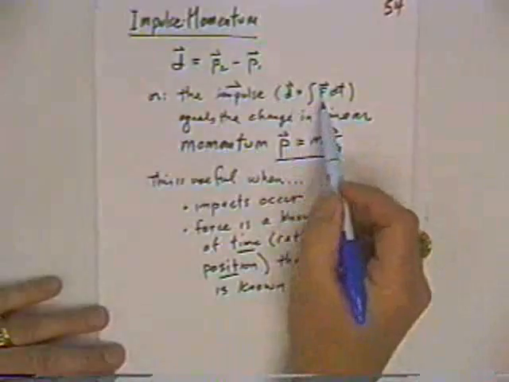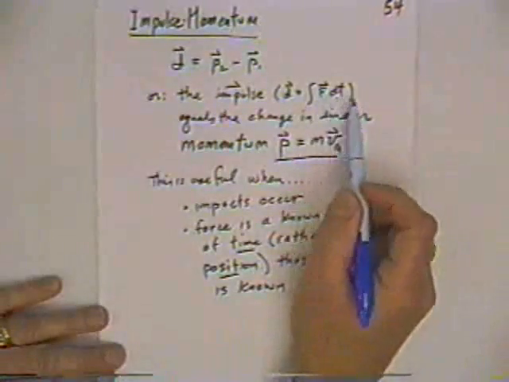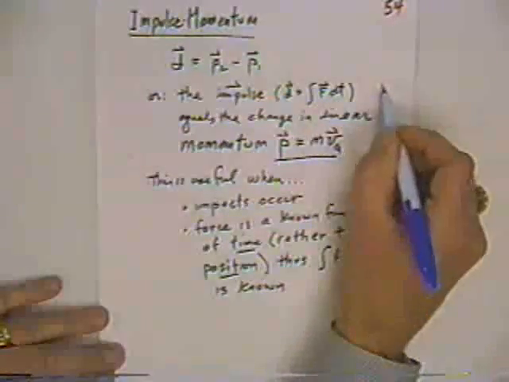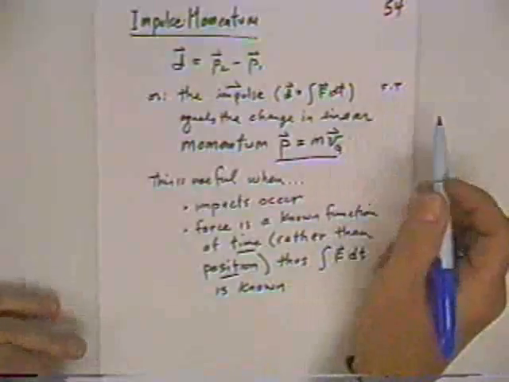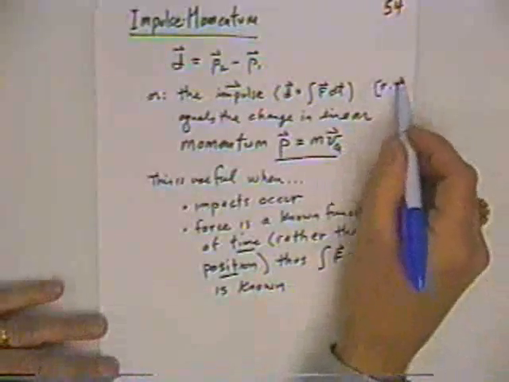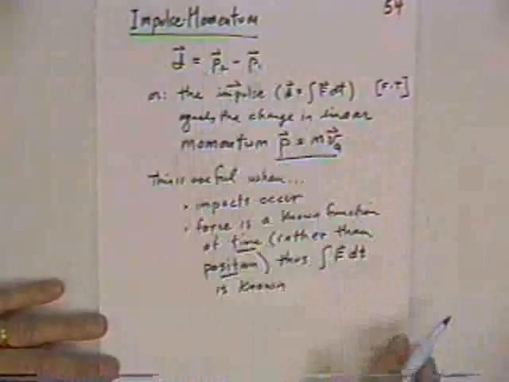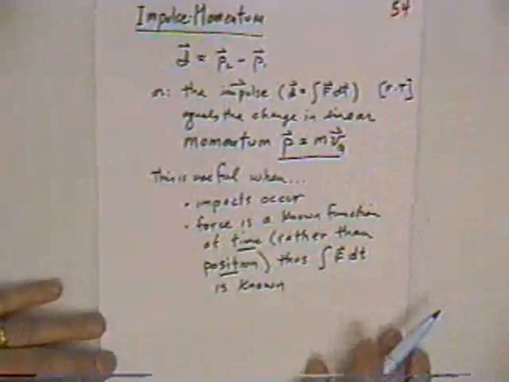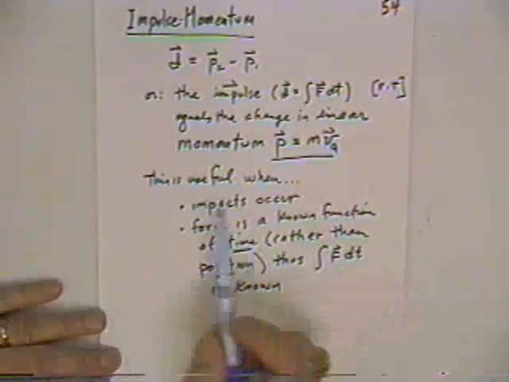The impulse is the integral of the force that acts over time. So it's got units of force times time, pound seconds or Newton seconds. Momentum has units of mass times velocity.